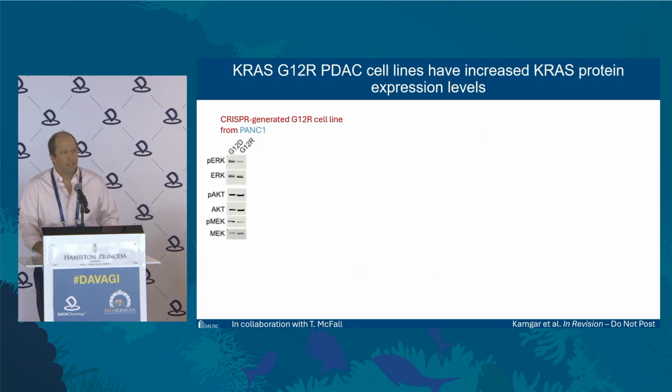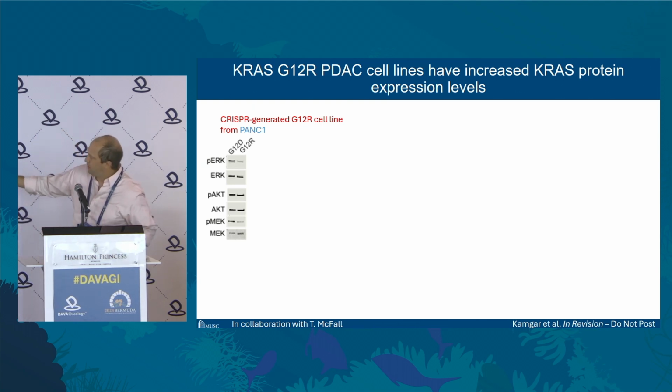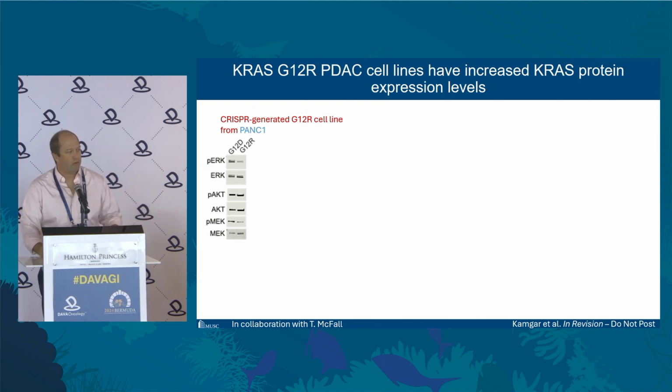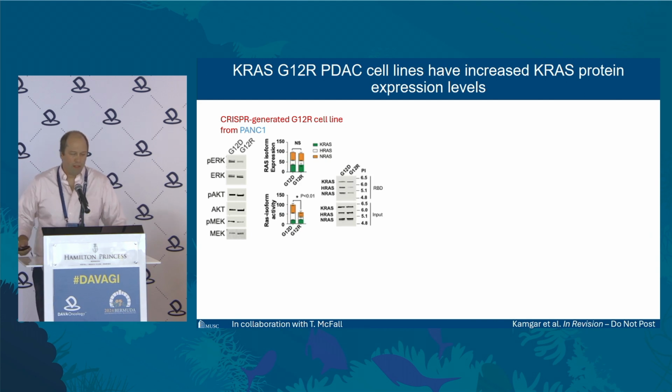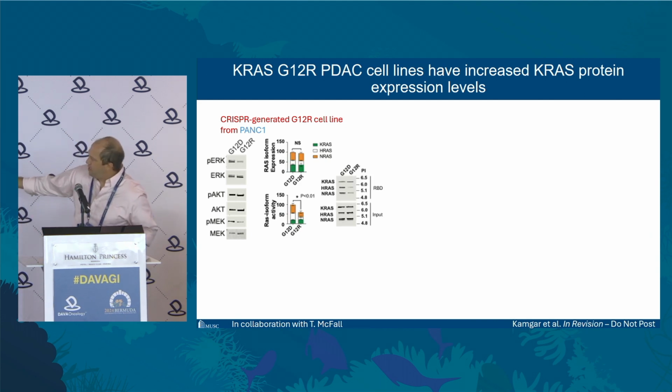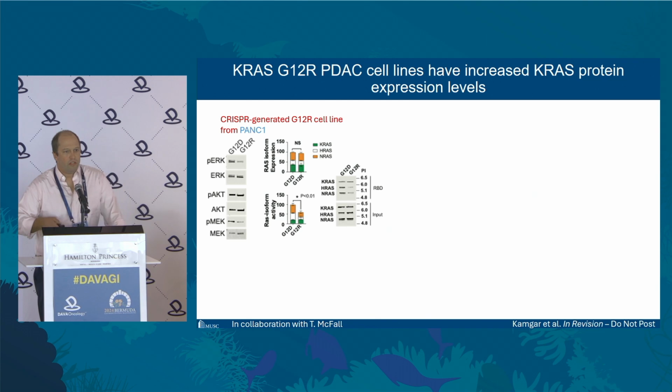We've actually seen this as well in some of our collaborations, and this takes me to another mechanism that we think G12R uses to overcome its inability to activate PI3K. What we did here was take a G12D cell line and use CRISPR to make it a G12R cell line. One of the big defects that you see is the inability of the G12R mutant to drive activated H and NRAS, shown here by these RBD pull-downs.